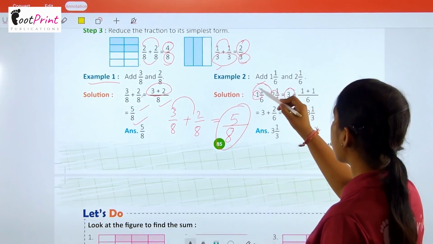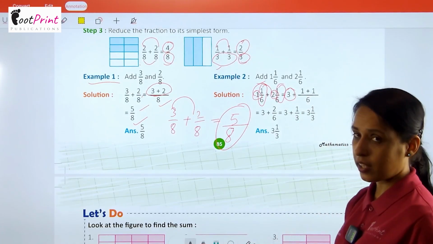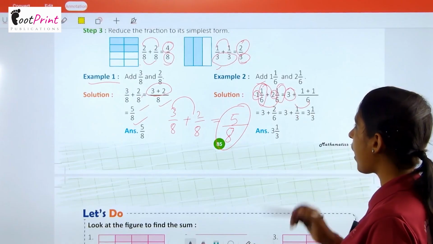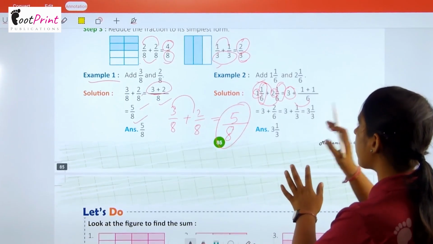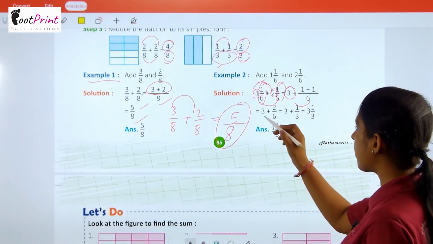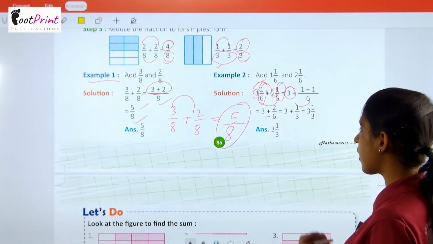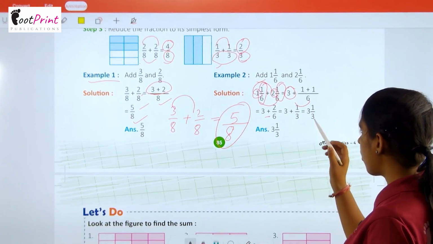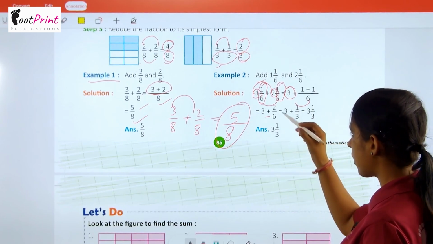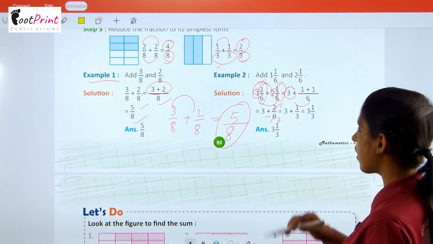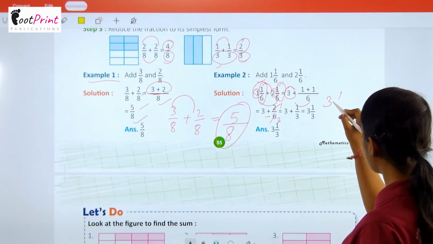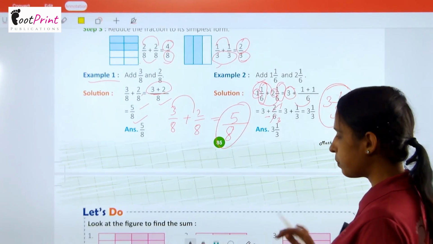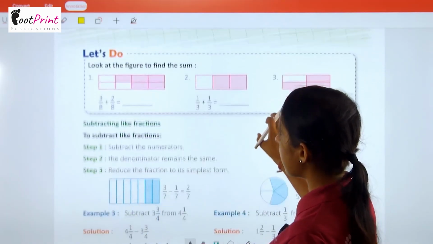Here 1/6 and 1/6 are like fractions, so the denominator will stay the same and we add the numerators, 1 plus 1. So it becomes 3 whole 2/6, which equals 3 whole 1/3, because 2 1s are 2, 2 3s are 6, so we can write it as 3 whole 1/3.